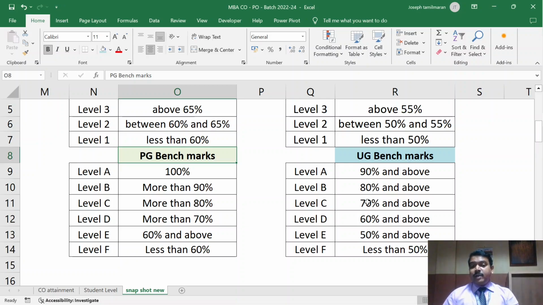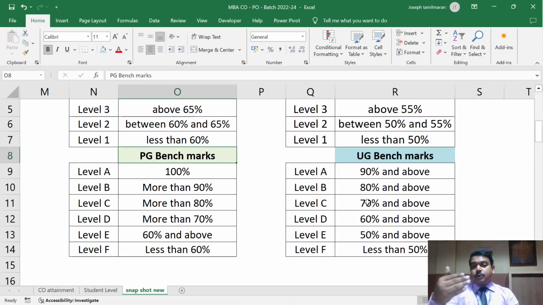Level 2 is where the minimum benchmark is attained. If the attainment is between 60 percentage and 65 percentage, then the course outcome is attained at level 2. If the score is above 65 percentage, then the course outcome is attained at level 3. The same thing applies to the UG also.